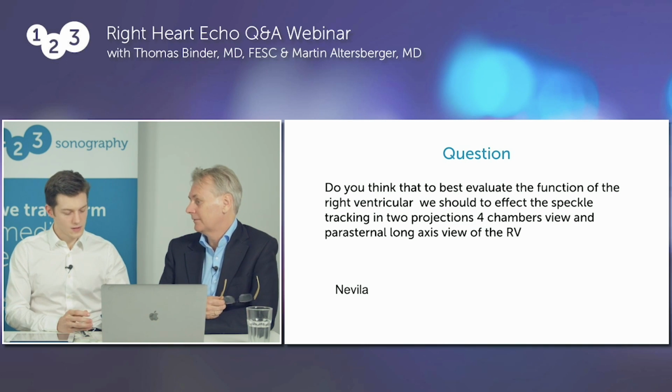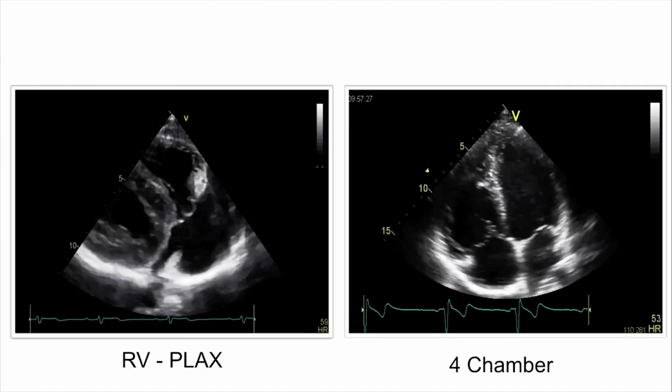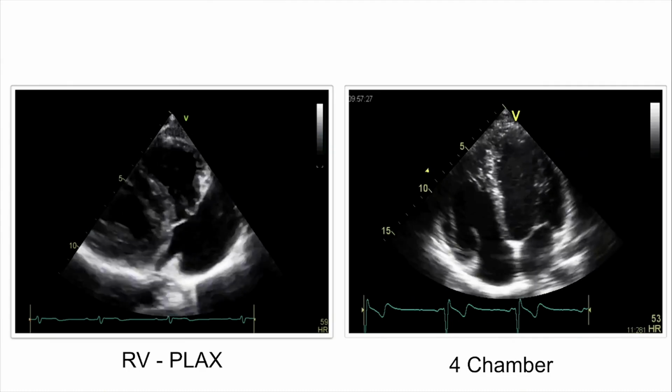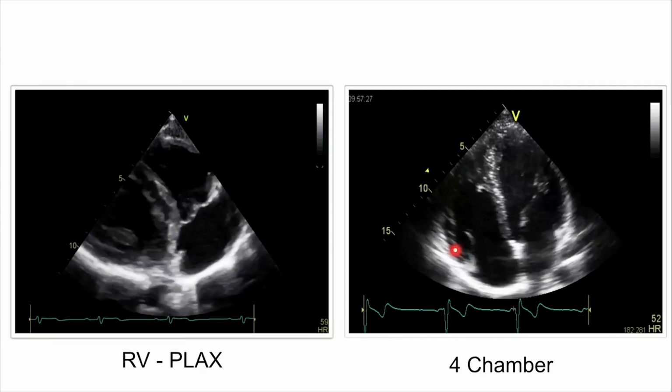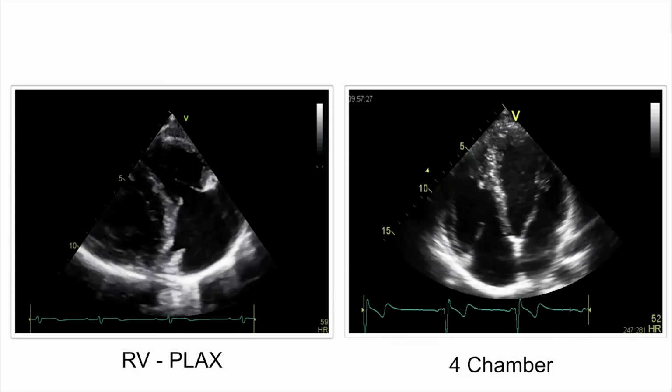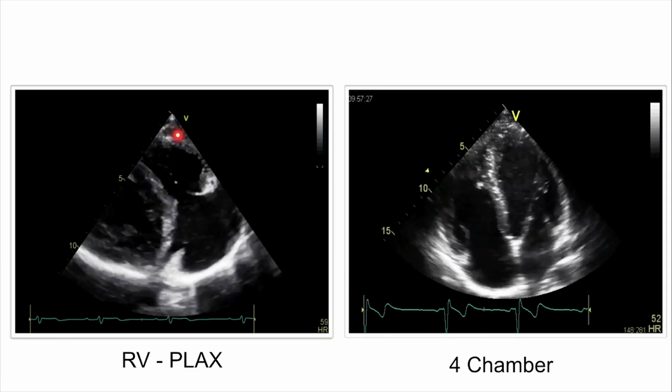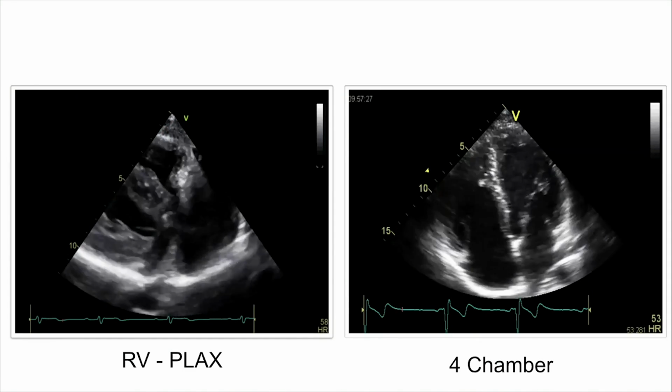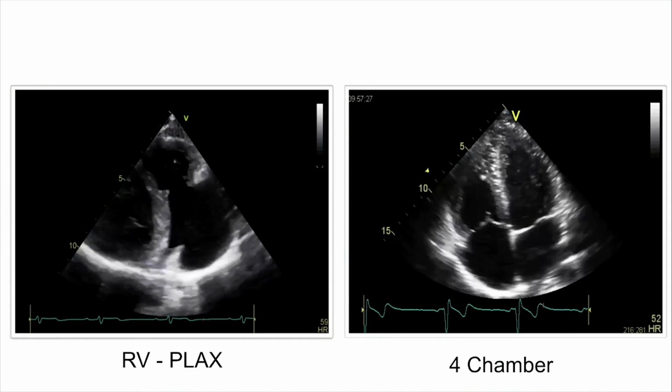Why not, Martin? Here you see in those two loops, it is displayed really nicely, the four-chamber view and the right ventricular parasternal long axis view. So what can you see here? We are here in an apical view, and here you can see the free lateral wall. Here in the long axis view, we are just not in the right projection of the right ventricle.